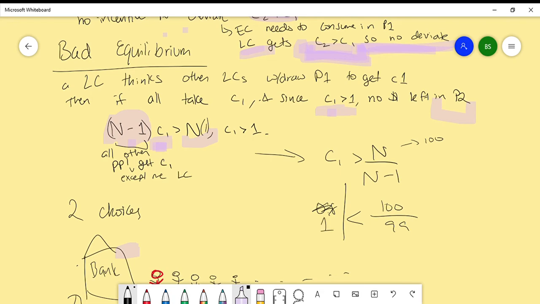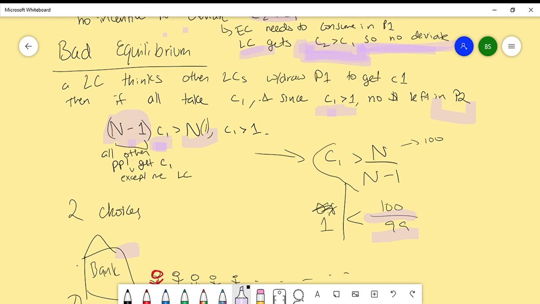Now, if C1 is greater than 1, n over, wait, what am I doing right now? Actually, I don't even know what I'm doing. I'm slightly confused. 100 divided by 99. n over n minus 1.